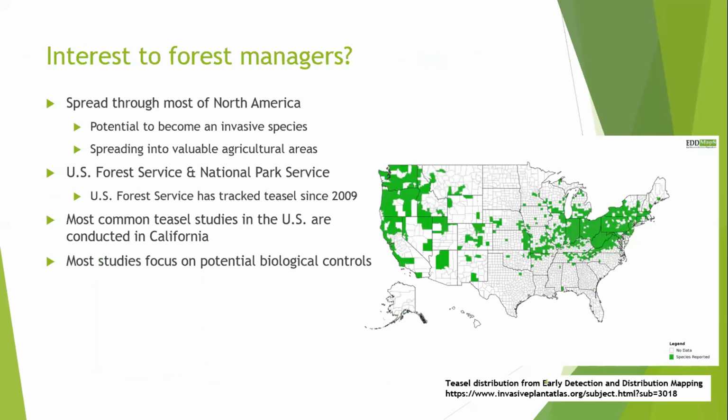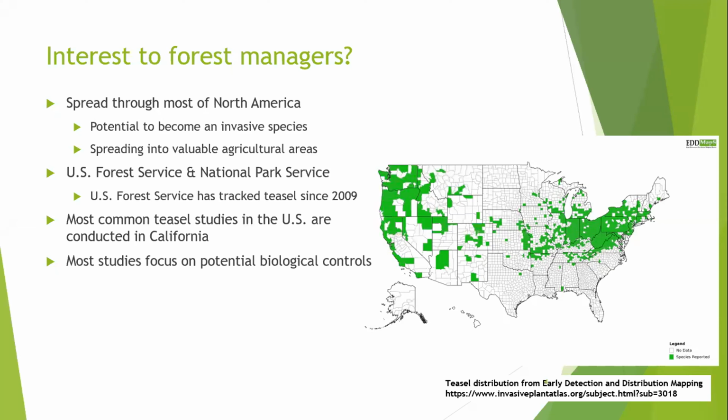All right, so the common teasel is of interest to forest managers because as I mentioned, it has spread through a lot of different countries, to include North America. It has a strong potential to become an invasive species. You can see here on the right-hand side a map of teasel distribution as depicted by the Invasive Plant Atlas.